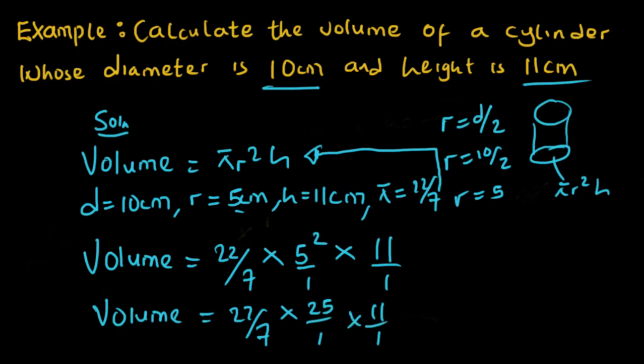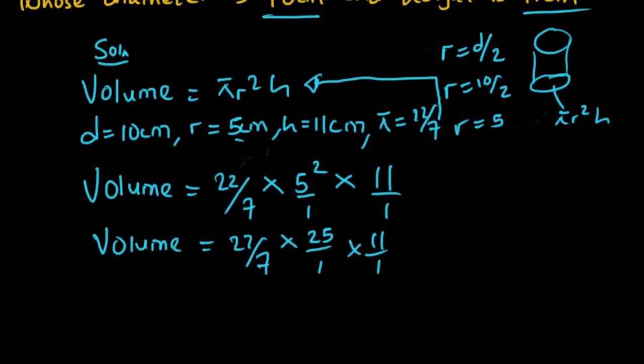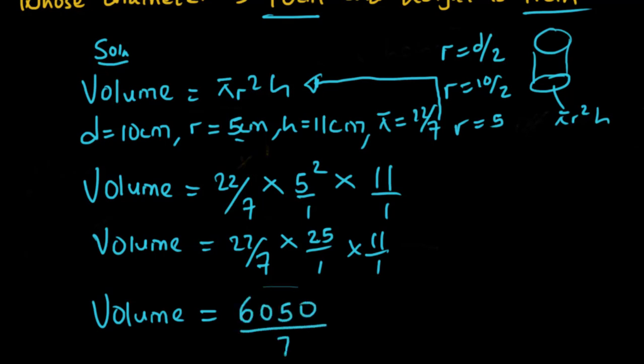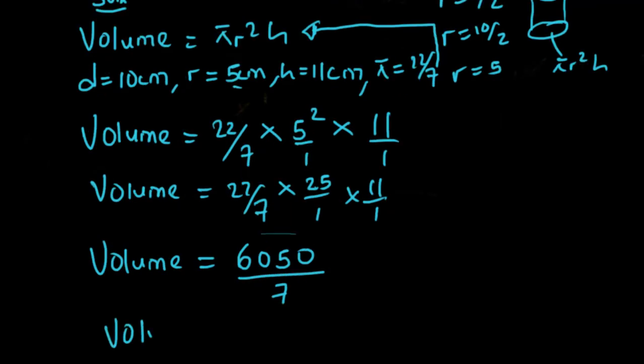Nothing can cancel, so we just multiply the numerators and the denominators. So we have volume equals 22 times 25 times 11, which gives us 6050 all over 7. So 6050 divided by 7 gives us approximately 864.29 centimeter cube.